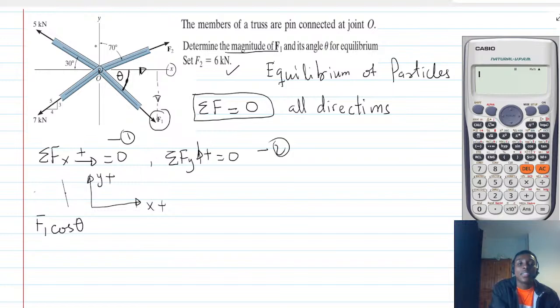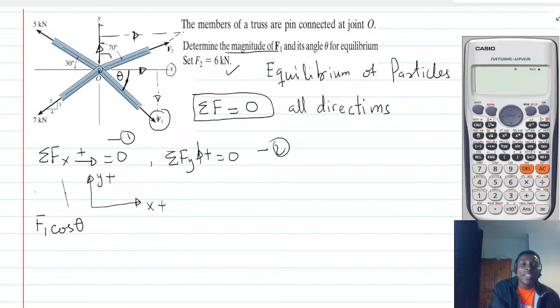Now watch this. F2 is making an angle of what? 70, but with the y-axis, isn't it? So since it's making an angle with the y-axis, the x component of F2 is going to come this way, and the y component will move along the y.